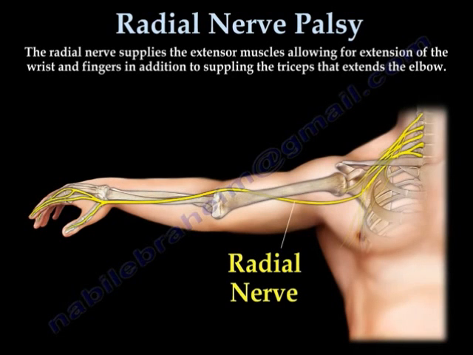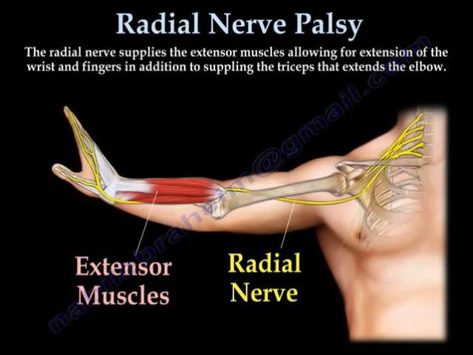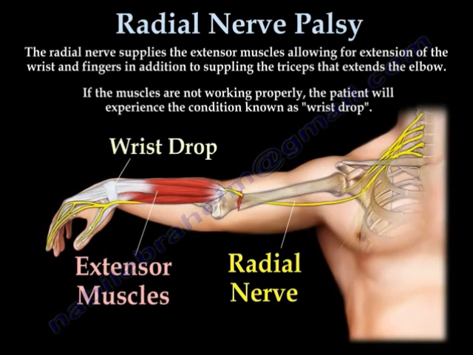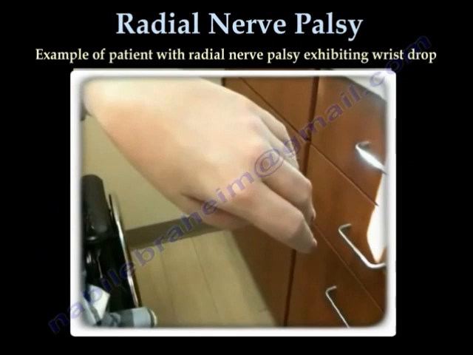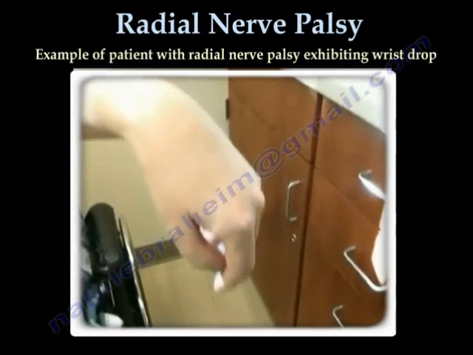The radial nerve supplies the extensor muscles allowing for extension of the wrists and fingers, in addition to supplying the triceps that extends the elbow. If the extensor muscles are not working properly, the patient will experience the condition known as wrist drop. Example of expression of radial nerve palsy exhibiting wrist drop.